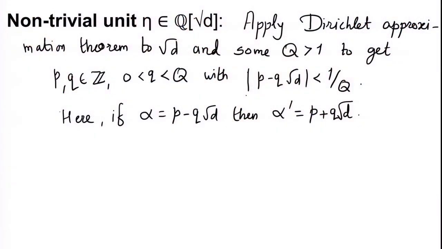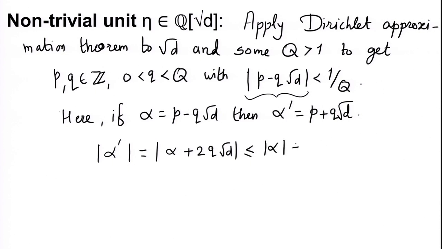We have some bound on the modulus of alpha. The bound on alpha prime, this is p plus q root d. So, this is simply obtained as alpha plus 2q root d. Therefore, this modulus is less than or equal to mod alpha plus 2q root d.